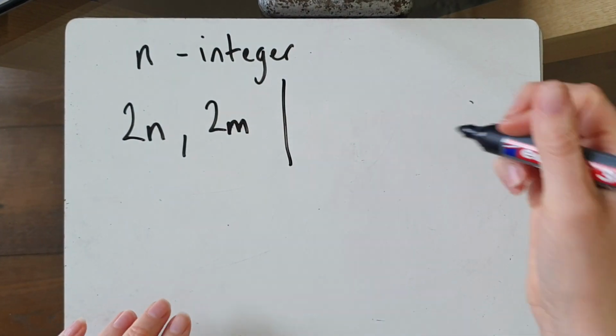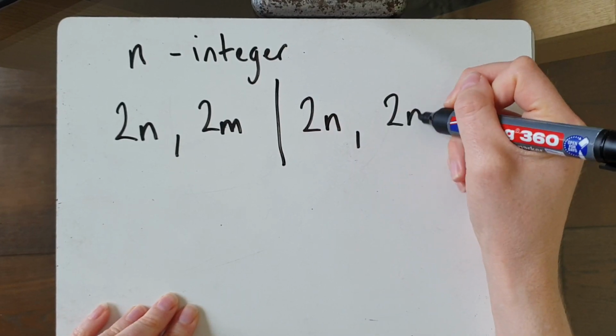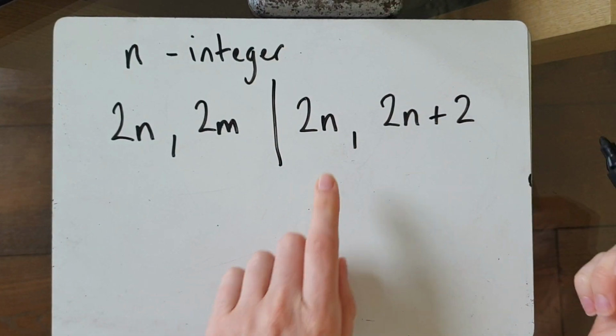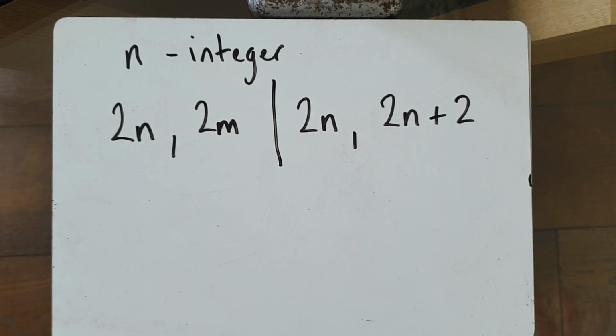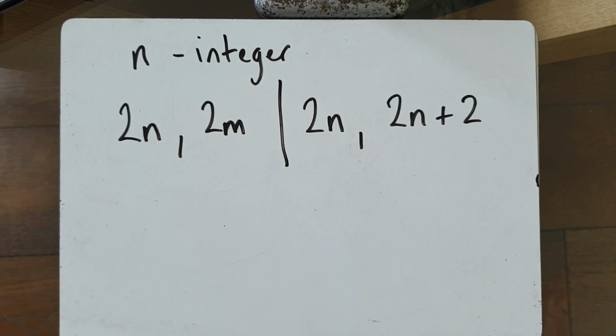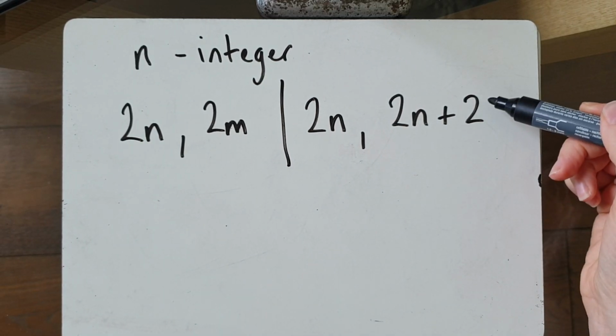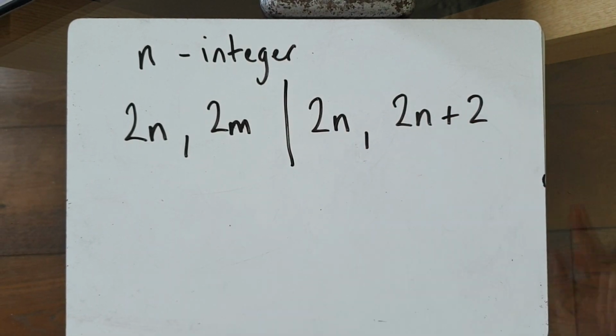If they're related in some way, so say an even number and the next consecutive even number, then you would use 2n and 2n plus 2. So if there's nothing to relate them, you need to use different letters. If they are related, for example by being consecutive, you must use the same letter.